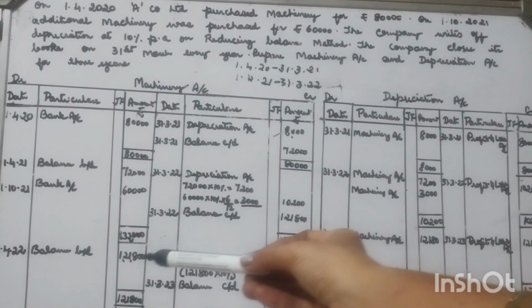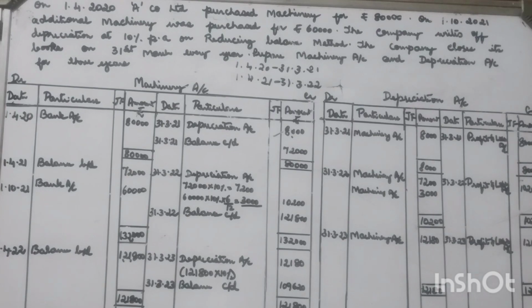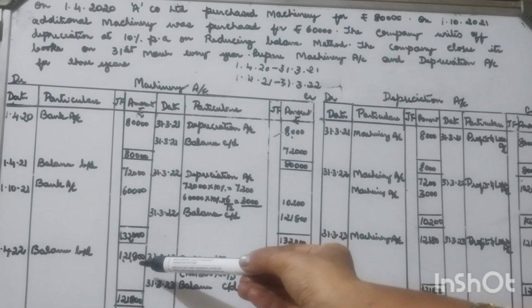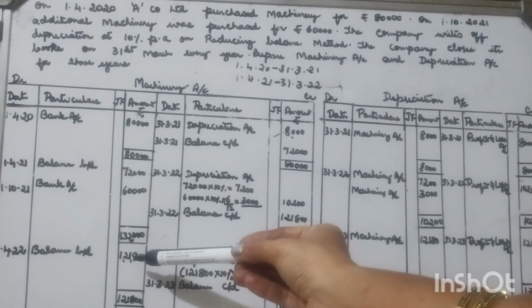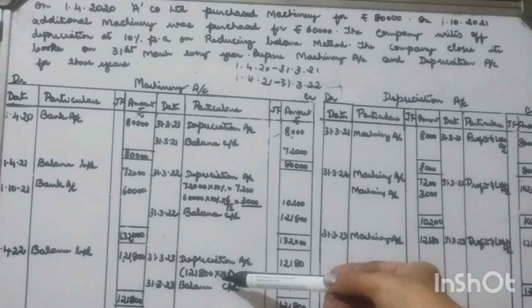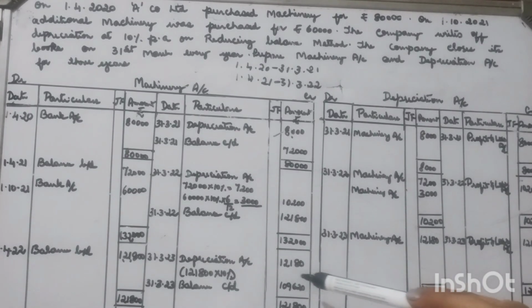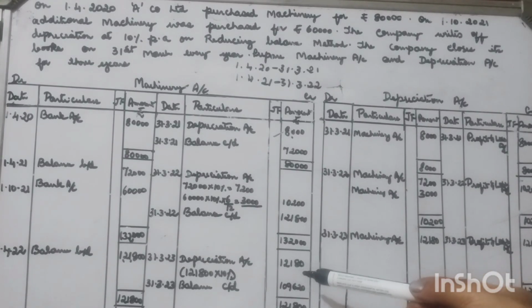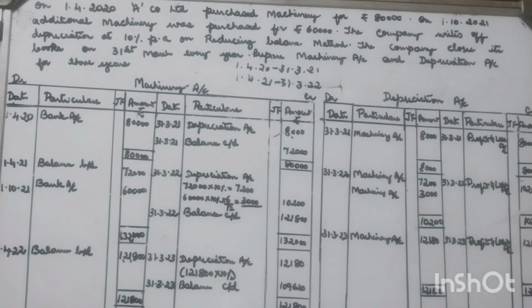This balance will be 1,21,800, and the depreciation has to be provided on both machineries at their book value. The book value is the value of the machinery at the beginning of the third year. That is 1,21,800, on which depreciation has to be provided at the rate of 10%. So that will be 12,180. It has to be provided at the end of the third year, that is 31/3/2023.